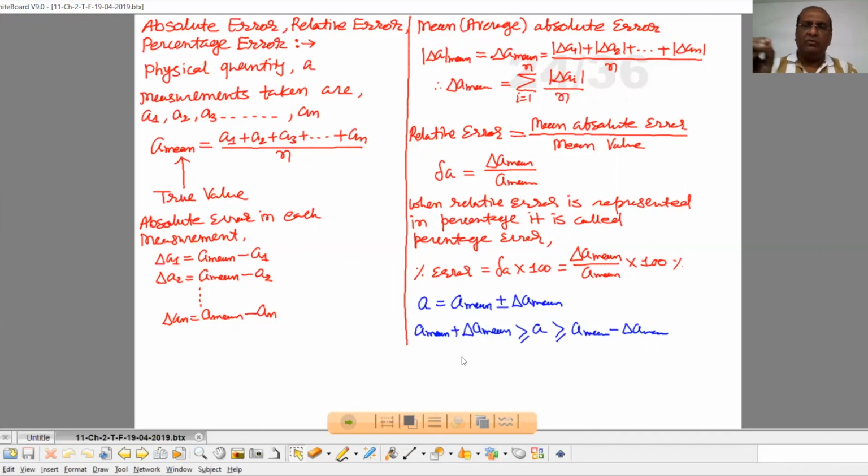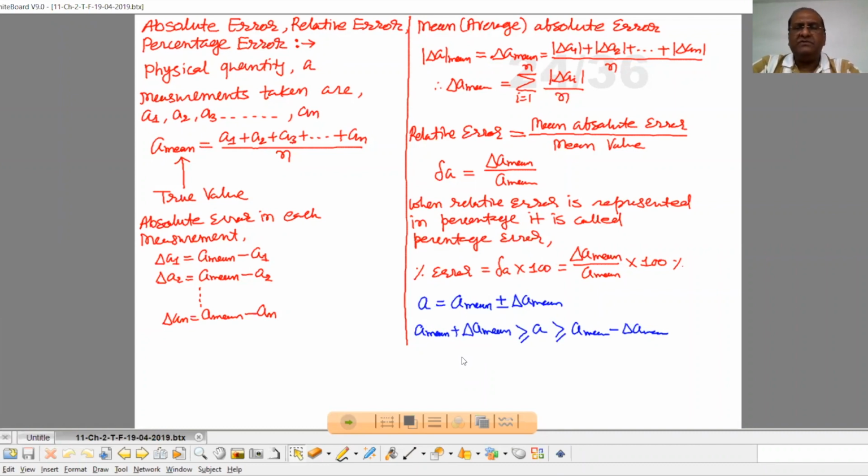Suppose we think about one another example. We are performing the experiment of a simple pendulum for the measurement of gravitational acceleration. So in that, we have to give very small oscillations to the pendulum.